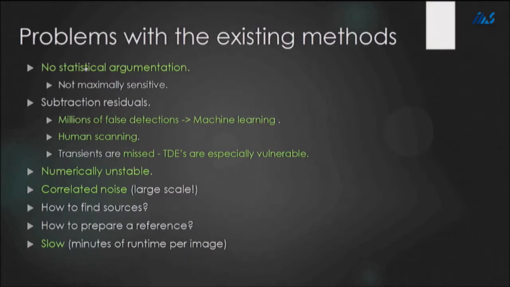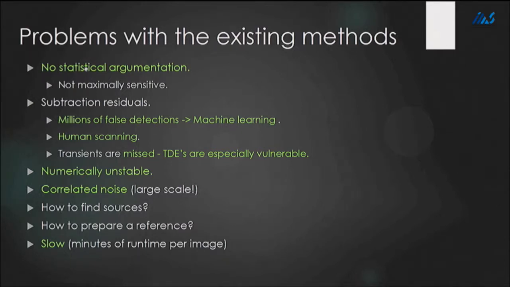Okay? And the first problem, it might not interest all of you from the start, but for me, it was a real issue. There is no statistical argumentation. No one says, except in the headline of the paper, that what you're doing is optimal. There's no argumentation. And not only that, it actually leaves subtraction residuals.